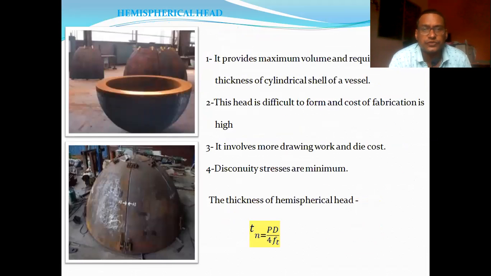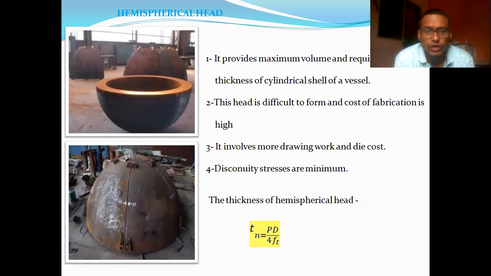Then the hemispherical head. Hemispherical head is the costliest, but it gives uniform stress distribution and the dispersion of the stresses is good, but the cost of fabrication is highest, so it is used only for high pressure vessels and for particular use only.